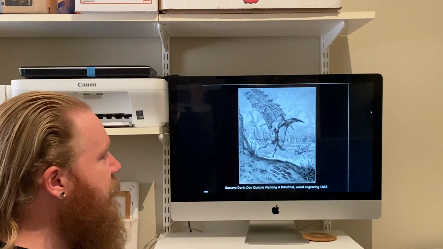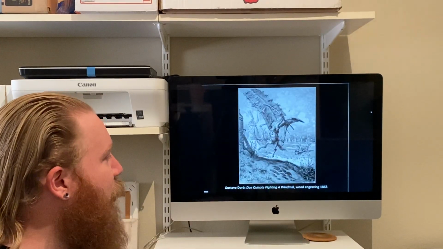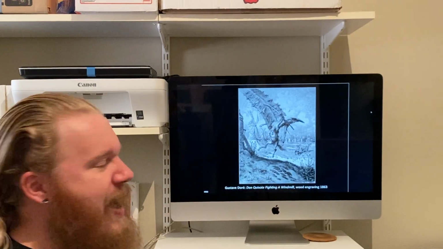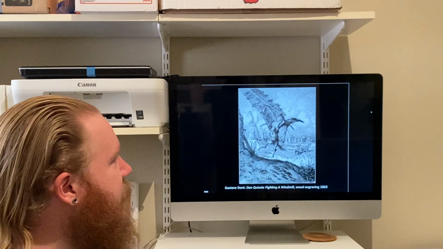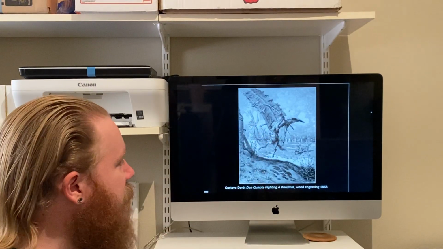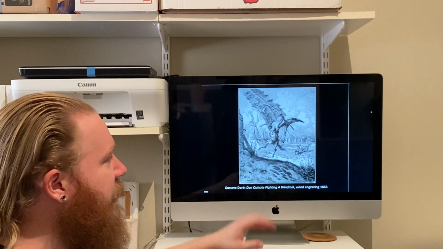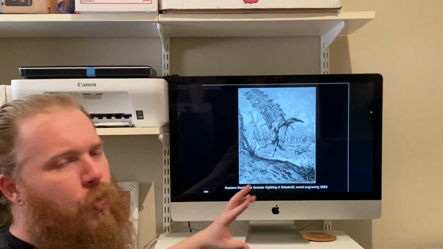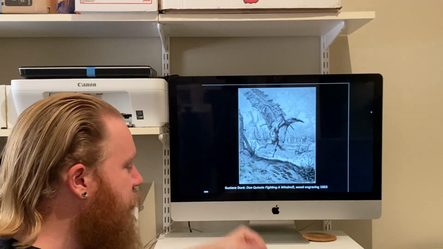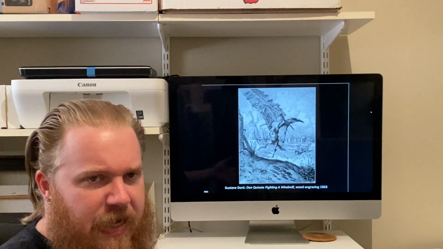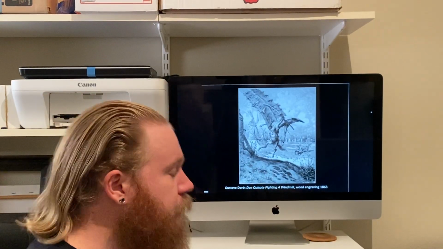But once again, he's really, really accurate. We can see he's also using hatching and cross-hatching quite extensively to create all of these different effects. But once again, really, really different quality between woodcut and wood engraving. So much, much finer detail and shading and all of these kinds of things.